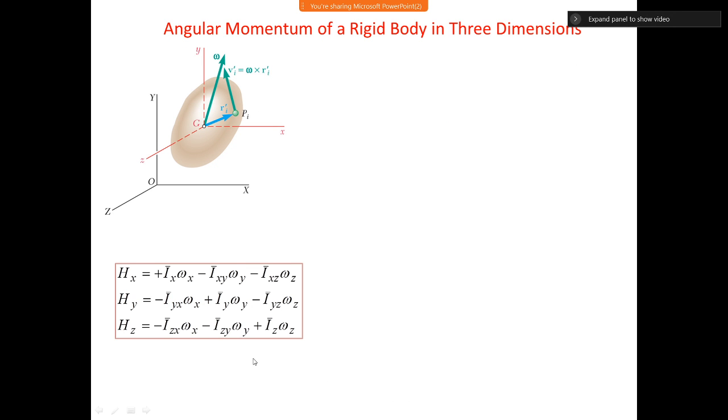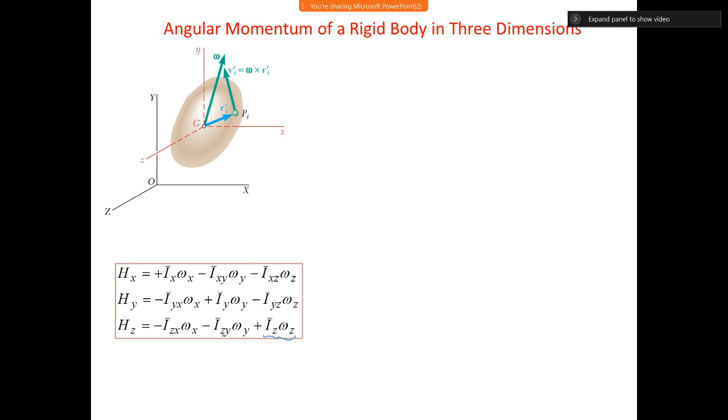If we just consider a planar object moving in the xy plane, then omega used to have only the z component, right? If a thin object is moving in the xy plane, then omega used to be in the z direction, and what we used to get is only this expression, Iz omega z. That was the only term, and that used to be equal to the net moment about the z axis.